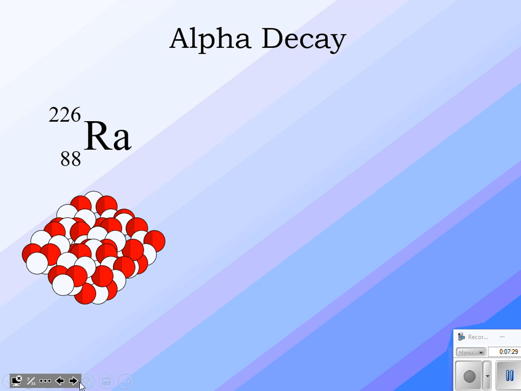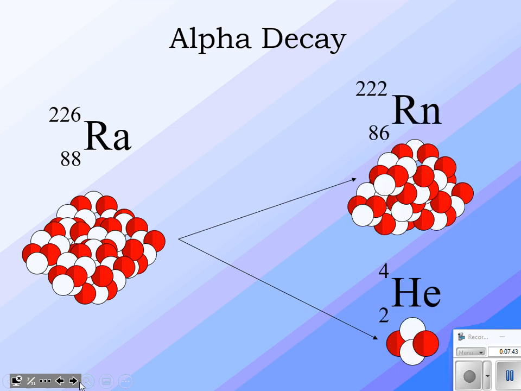Now, this radium is not stable. It's an unstable isotope. In order for it to become stable, it is going to split. And one of the things that's released right here is this helium.